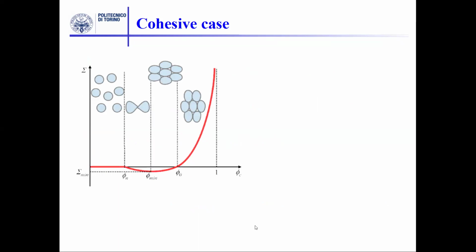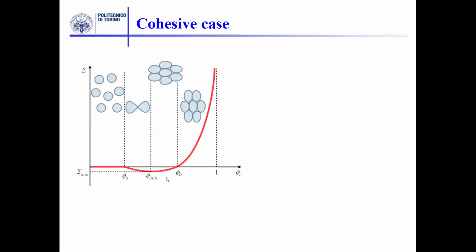Okay, let's go to another feature of these models. I already discussed a bit this case, the cohesive case, in which you don't have a sigma that is non-decreasing anywhere. I mean, it's always increasing or is flat.